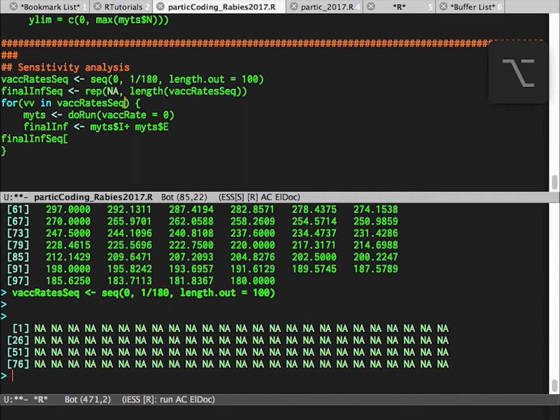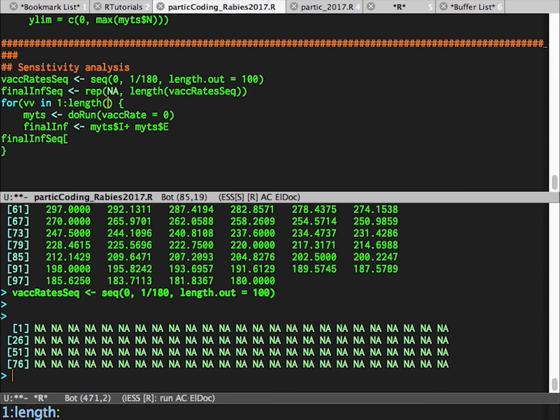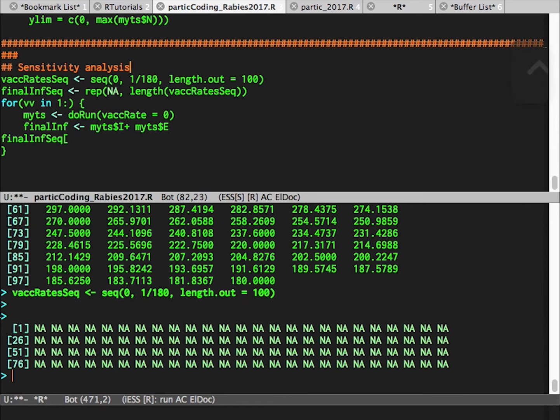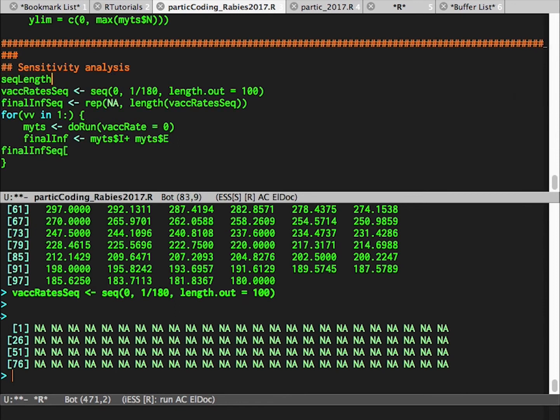So what I'm actually going to do is do this with better syntax. I'm going to say from 1 to the length of this sequence. Let's do it this way: seq length. Okay, so we are setting everything to be seq length long.